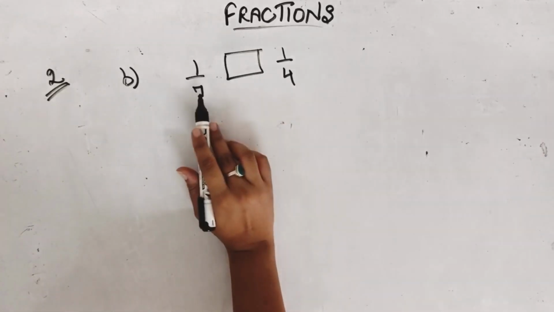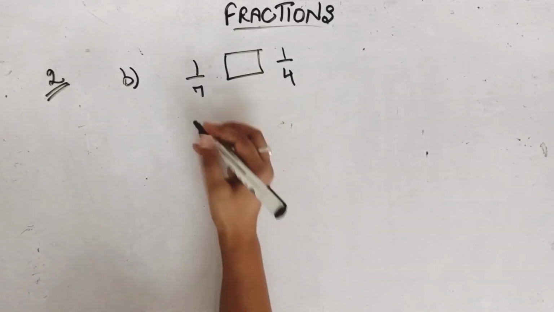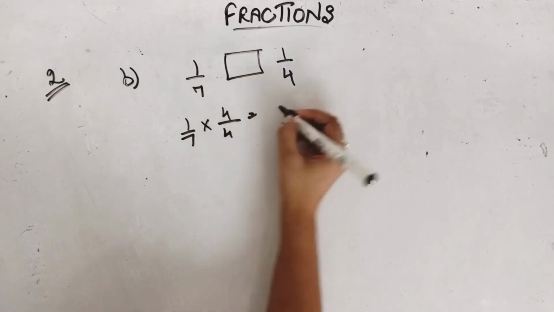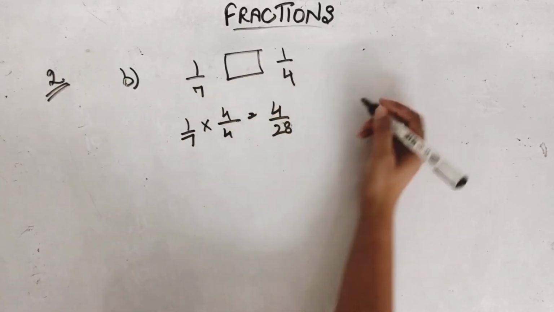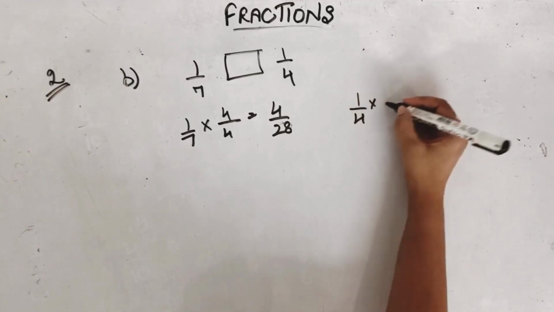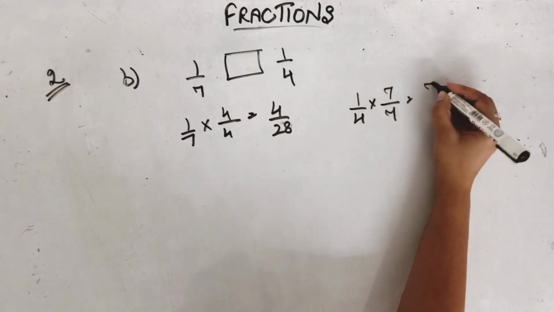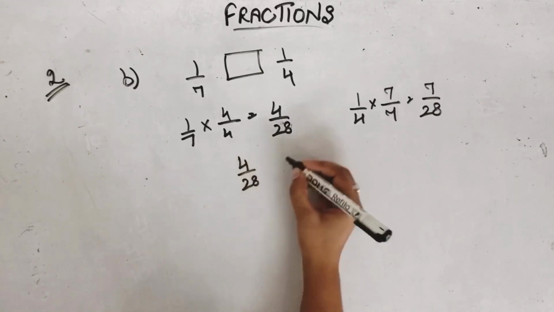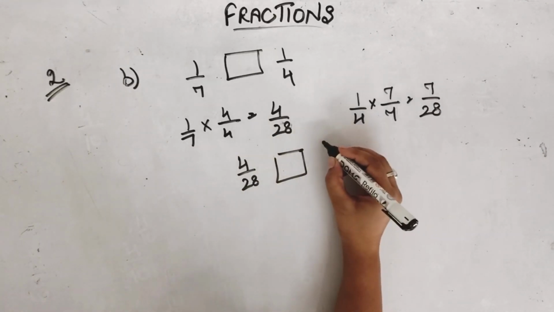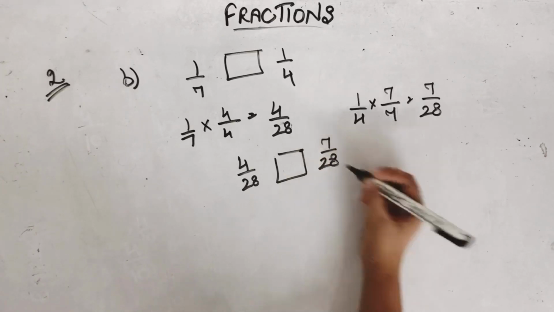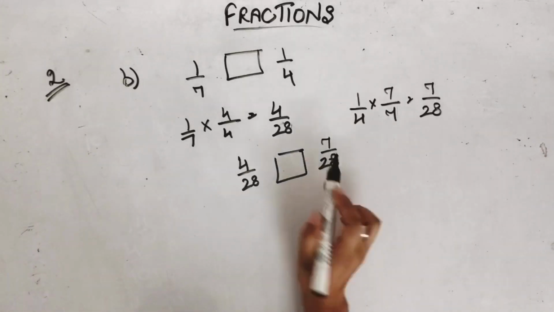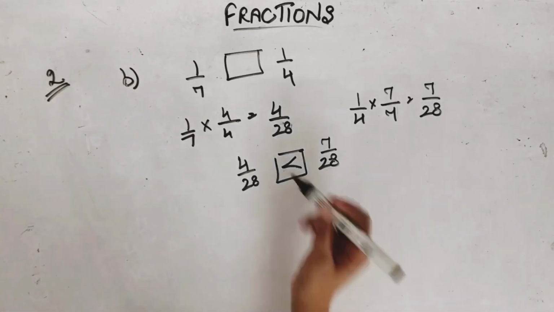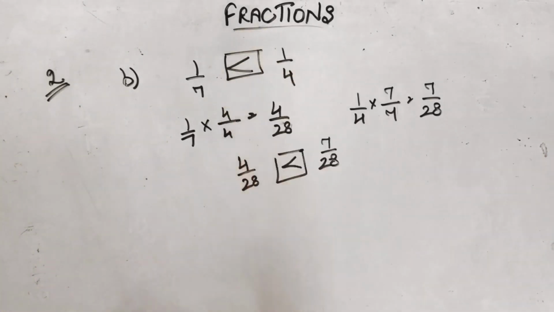LCM of 7 and 4 is 28. So 1 by 7 is equal to 4 by 28 and 1 by 4 is equal to 7 by 28. Now compare 7 by 28 and 4 by 28. 4 is less than 7, so this fraction will be less than this fraction. So the answer will be this.